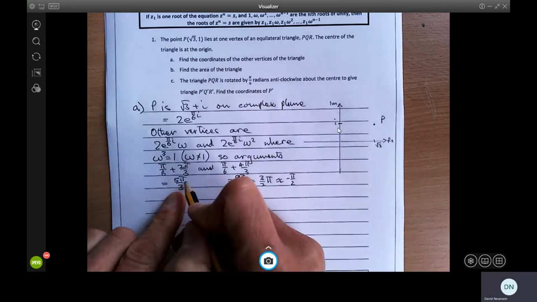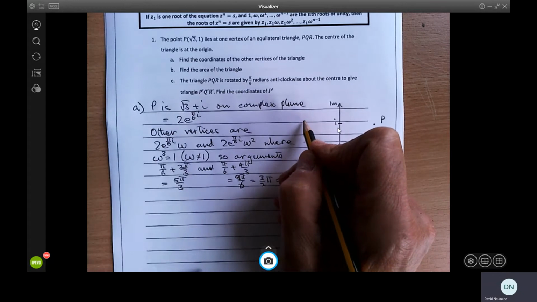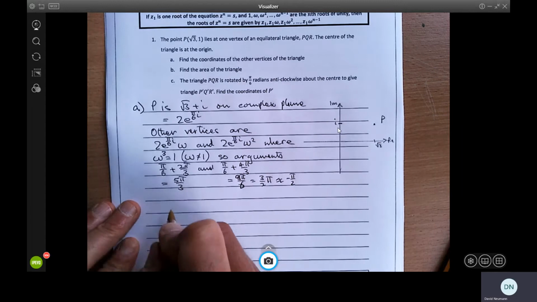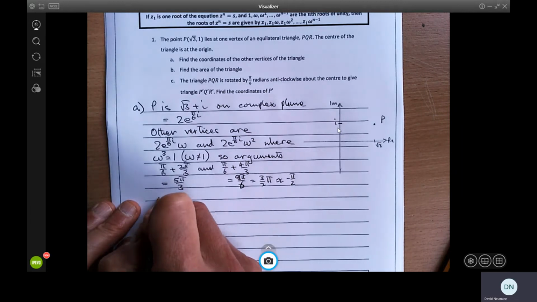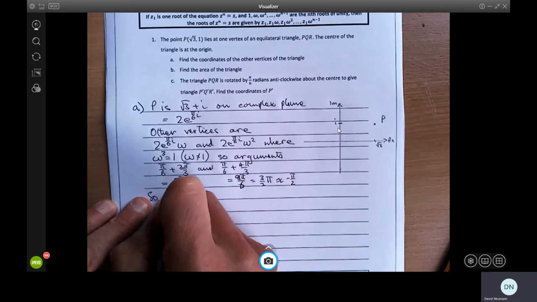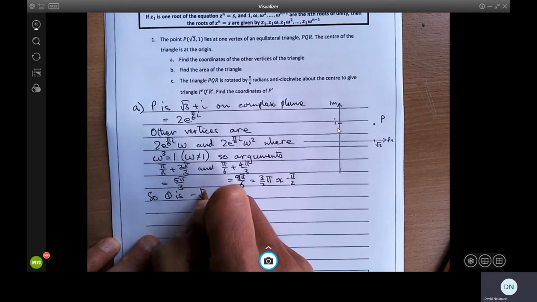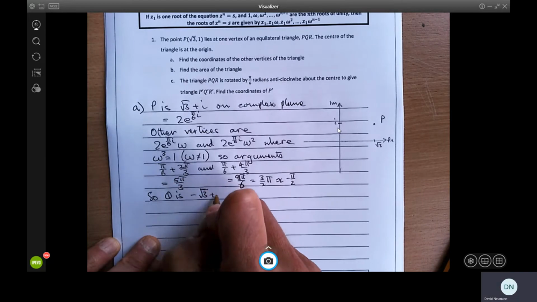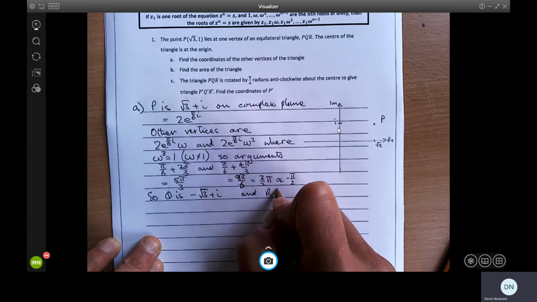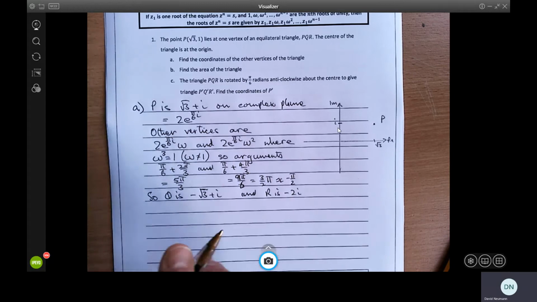So argument 5 pi over 3, that's going to be rotating this around to here. Actually, let's just write down what that is. So Q is minus root 3 plus i, and R is minus 2i.